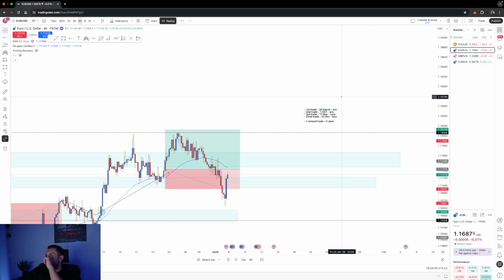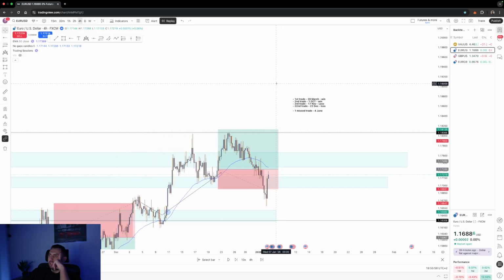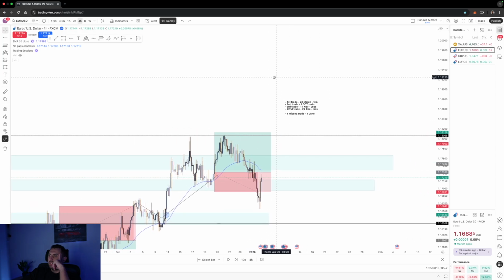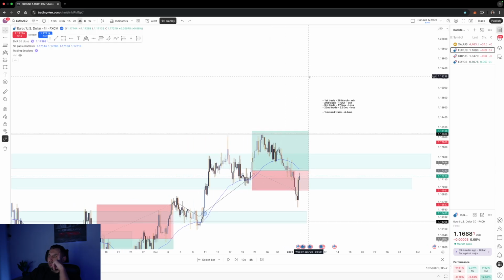So these are the trades that I would have taken the whole entire year on EUR/USD, and I think I took just 1 or 2 trades in total on this pair for the entire year of 2025, because here it's January, so we don't count it anymore.